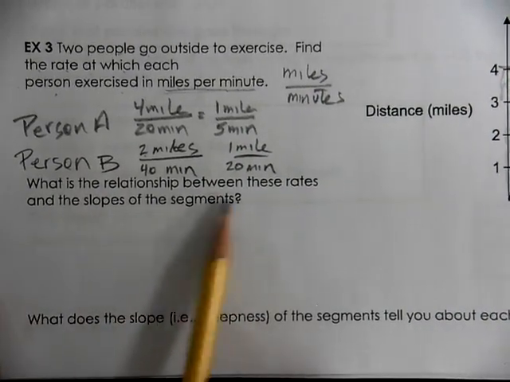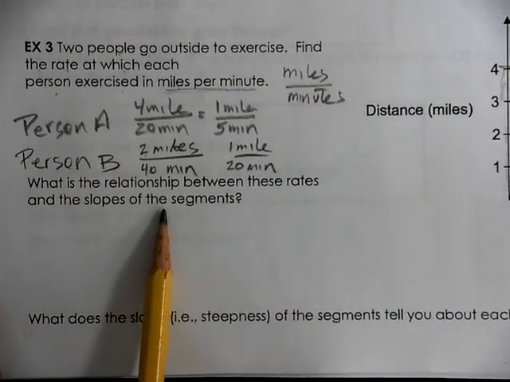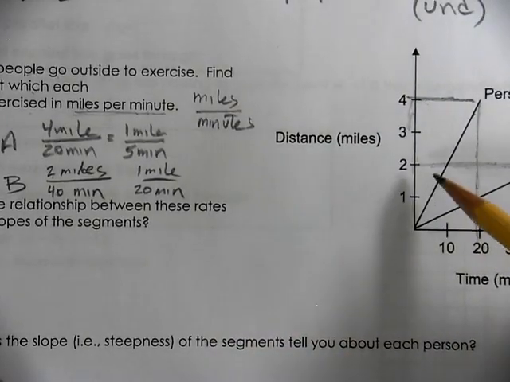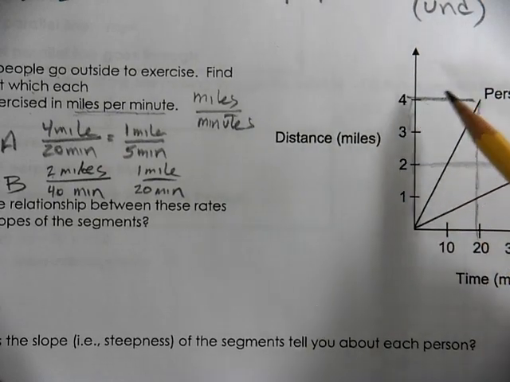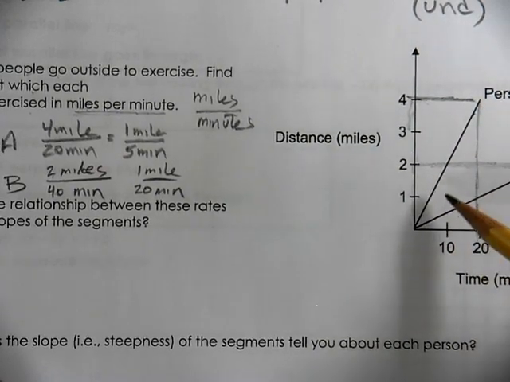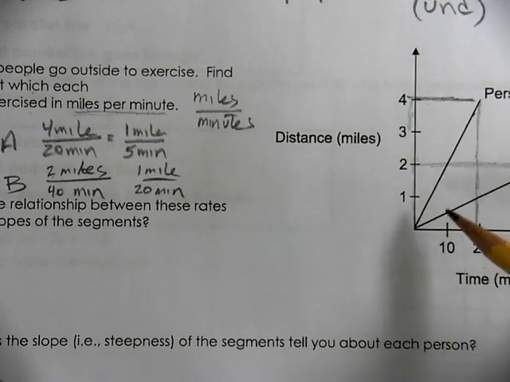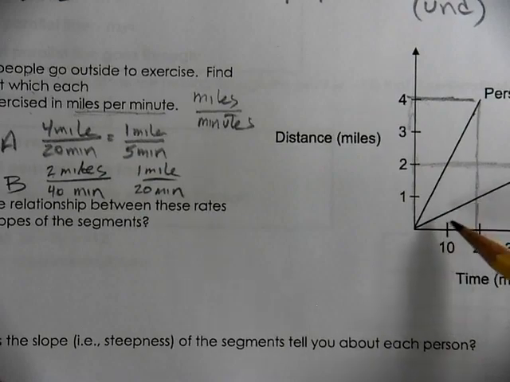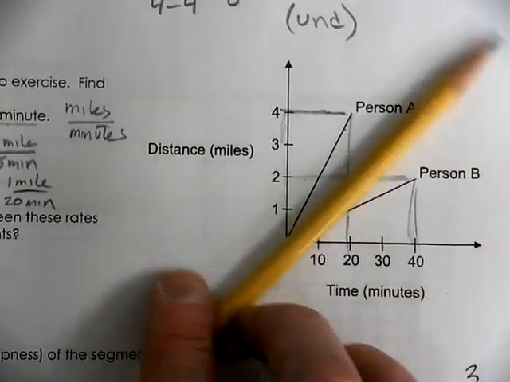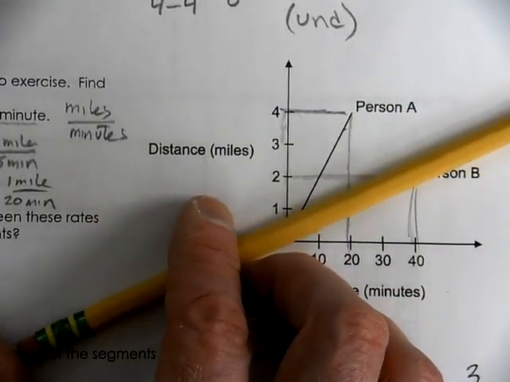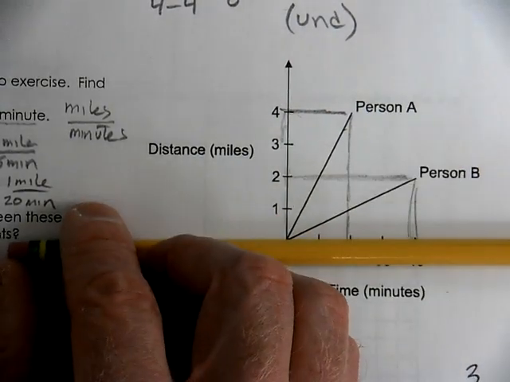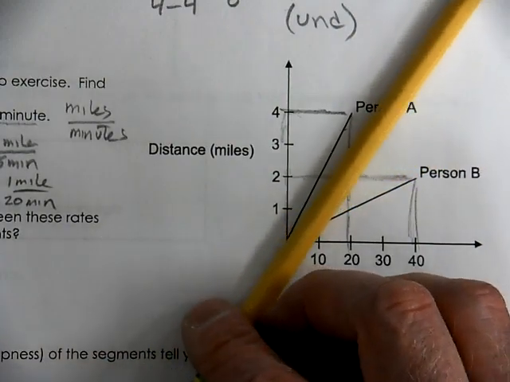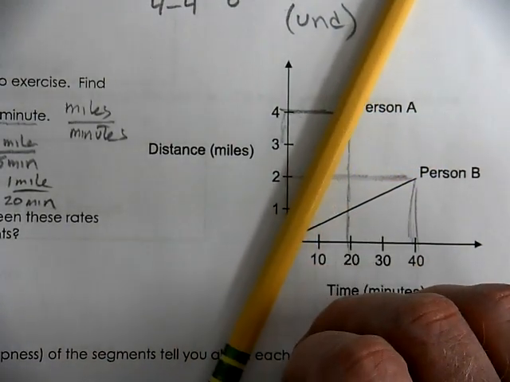What is the relationship between the rates and the slopes of these segments? Well, the faster the person, the more distance they're covering in less time. The faster, the steeper the line. The slower, the less steep, or closer to a 0 slope. You look at person B, and the pencil is closer to being flat at a 0 slope. Person A is further away from being flat.